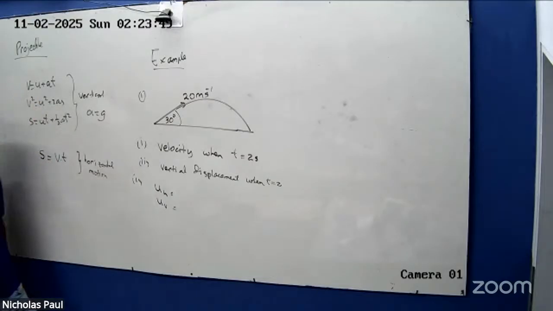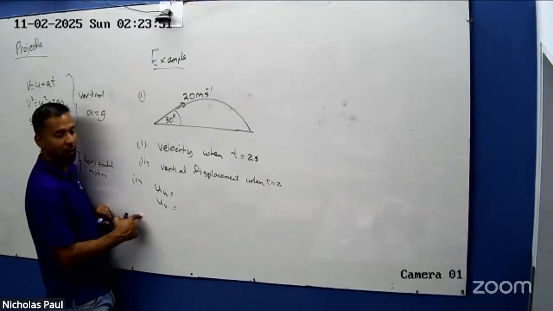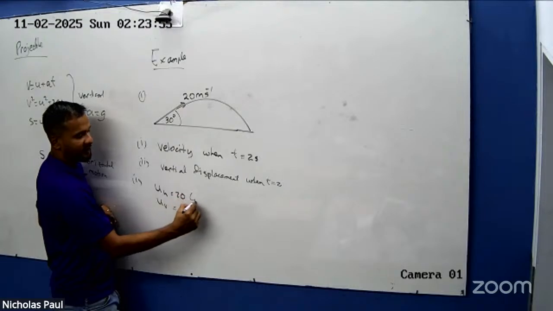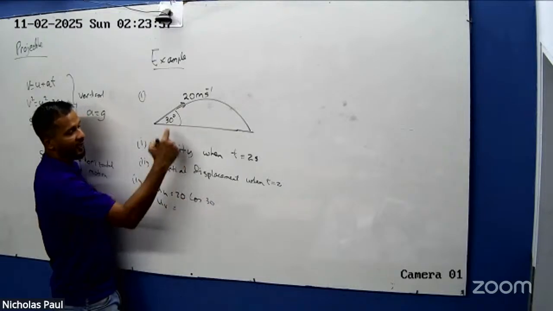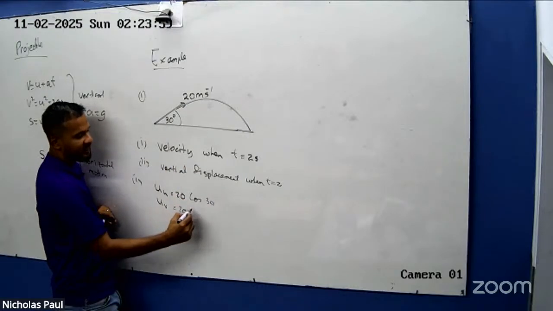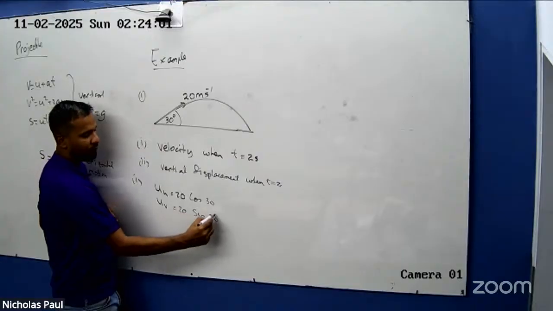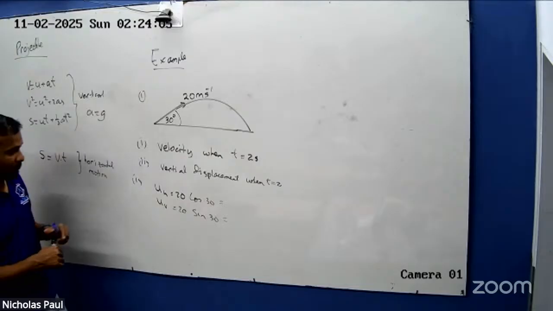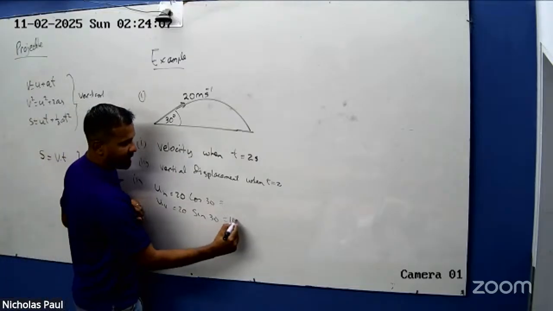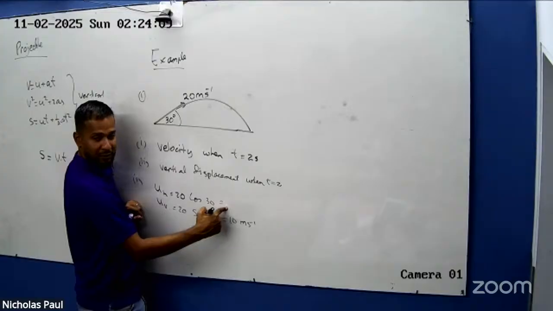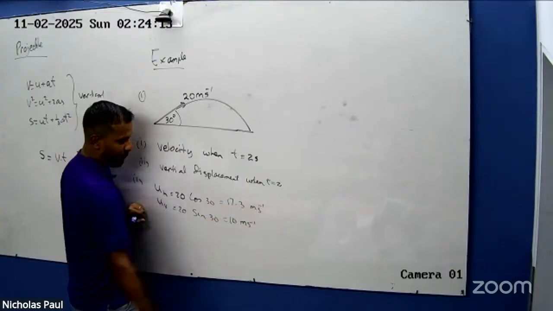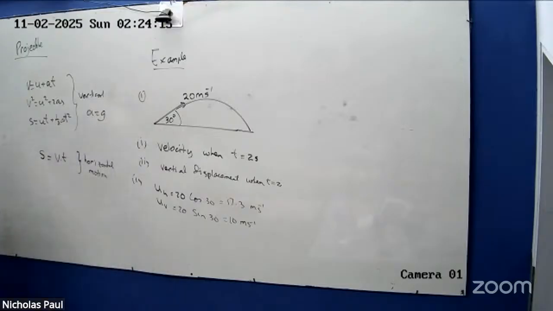So what will be the initial horizontal component? 20 cos 30, and if one is cos, the next is sine. How much is this? It's 10 and 17.3. So we know the initial speeds.